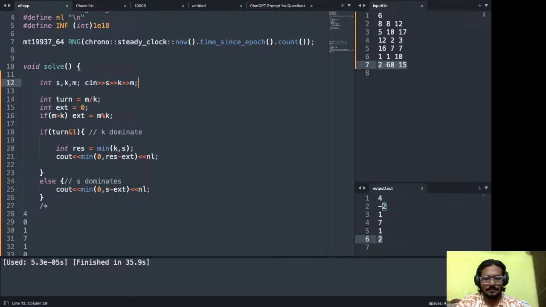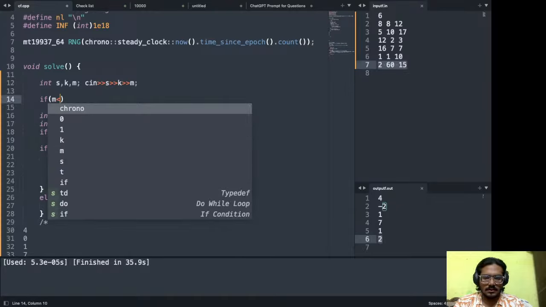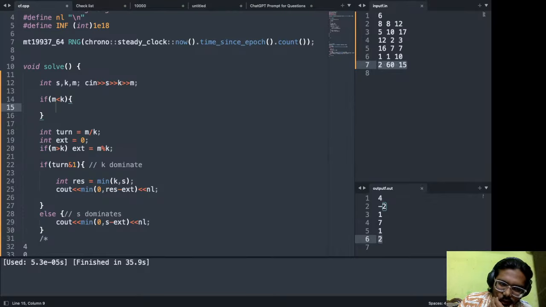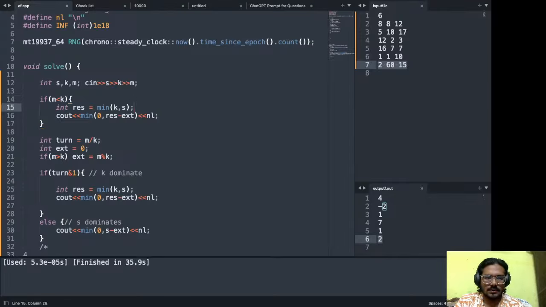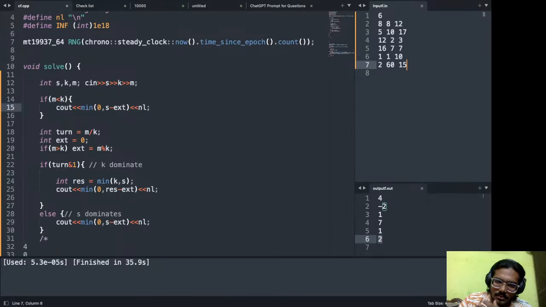Okay, special case. If m is less than the turn time, whatever is k, then because we are not turning even once, the reserve will be s, total s, and there is no extra. Say it was 17 minutes and we turn at 60 minutes, so I'm waiting for 15 and then exiting, so the rest 2 minutes is my waste time.